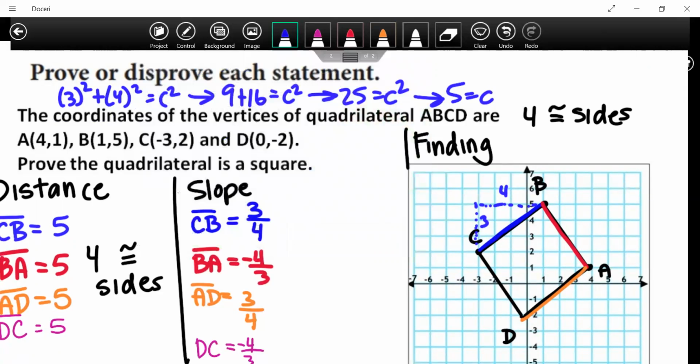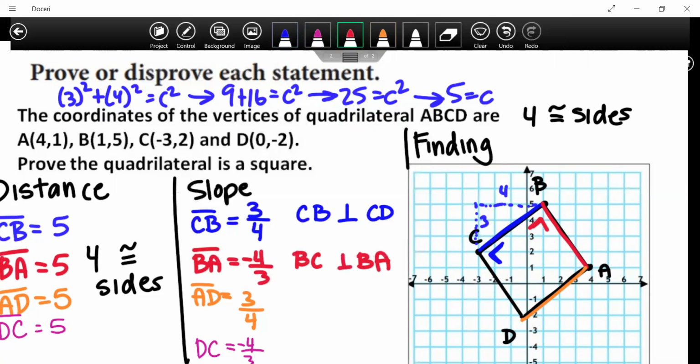So let's look at this corner right here to make sure that we're actually doing this correctly. Is CB, how are CB and CD related? Are they congruent or perpendicular? Yes, they are perpendicular. Or DC, okay, DC. Okay, that's our first perpendicular. If we do BC, which is this side, and BA, are those two perpendicular?